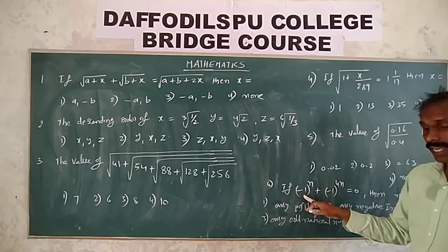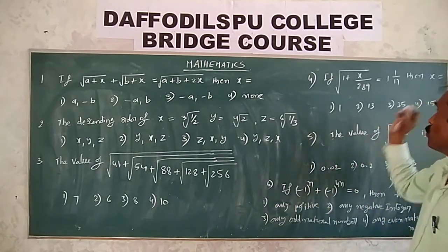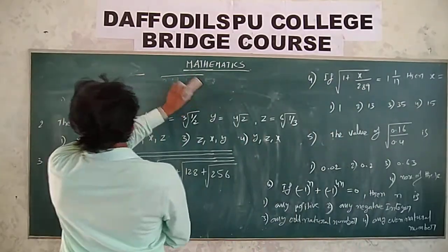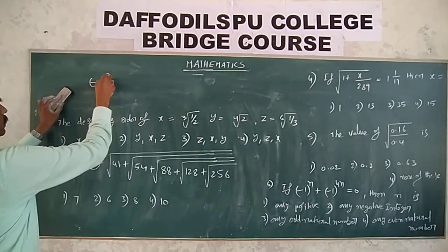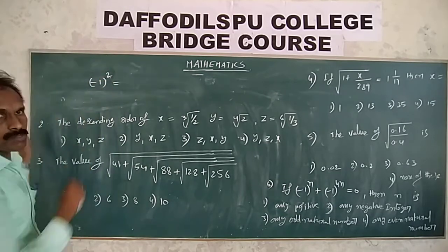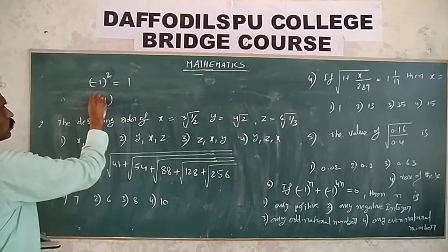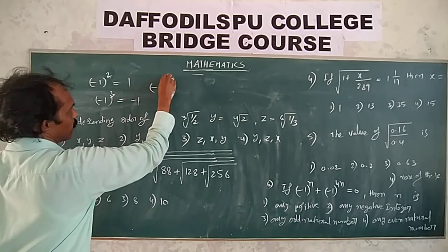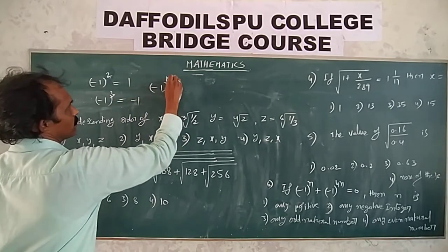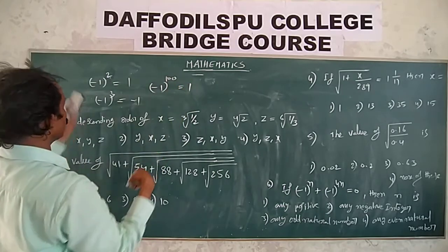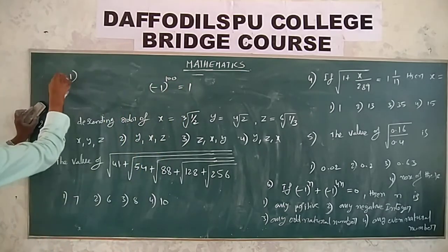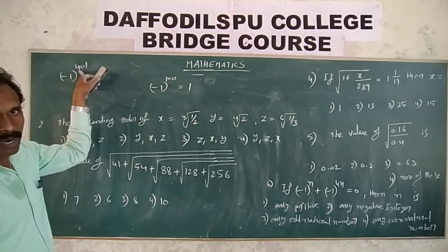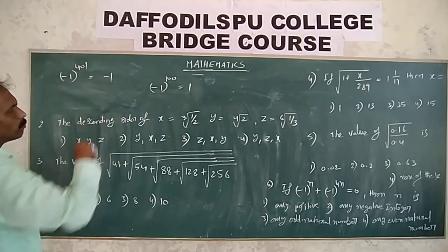Okay, already explained. Minus 1 to the power of an odd number, suppose I explain here. Minus 1 to the power of 2 is 1. Minus 1 to the power of 3 is minus 1. Like that, minus 1 to the power of 100, an even number, is equal to 1. Minus 1 to the power of 401, an odd number, is equal to minus 1.